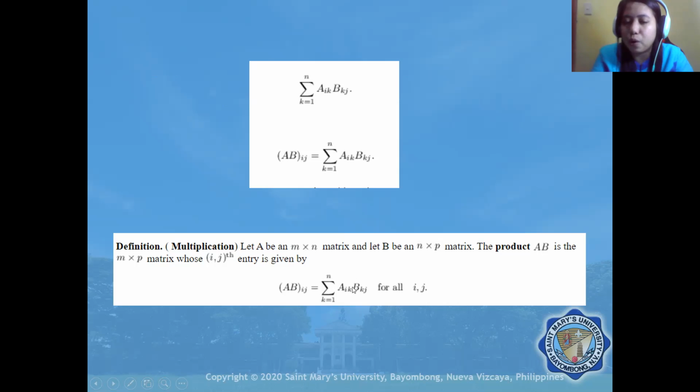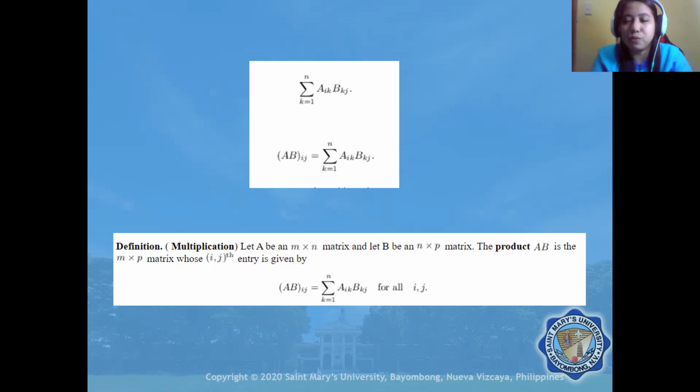If you notice, we have the same K here, which is removed, and what is left when combined is IJ. So that's for all IJ. We actually cancel the value of K based on the definition.